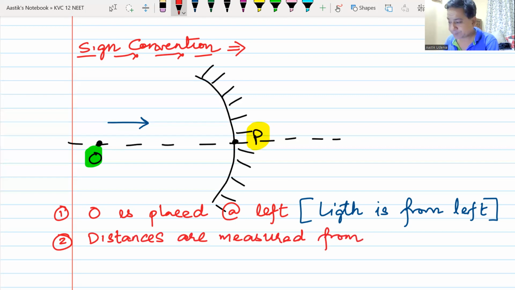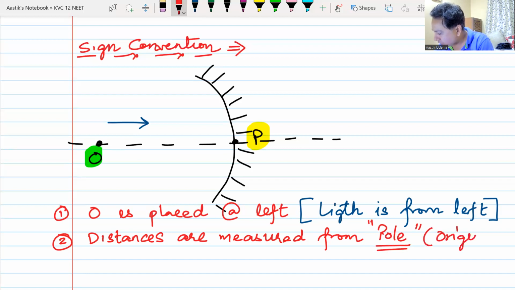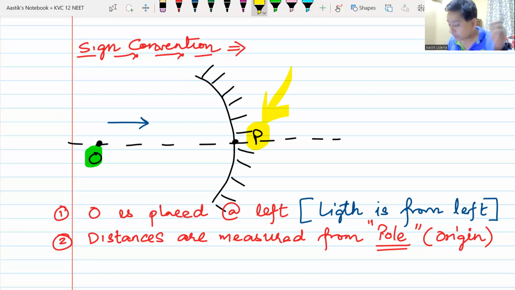Tell me. Distances are measured from the pole, that is what you saw. Distances are measured from the pole, which is taken as the origin. So my origin becomes the pole of the mirror. All distances are measured from the pole of the mirror.